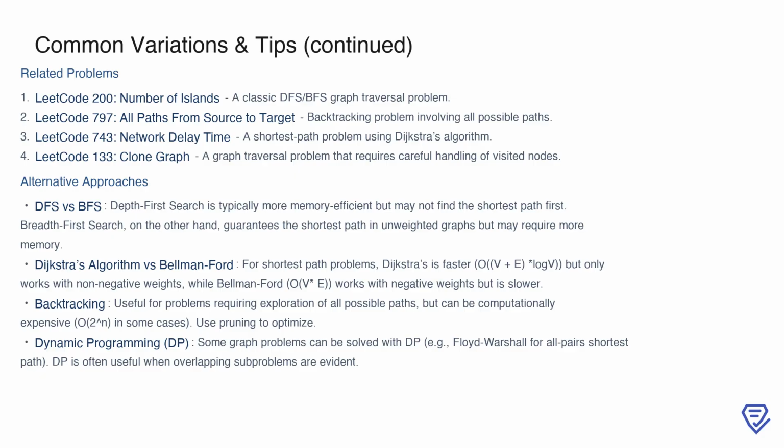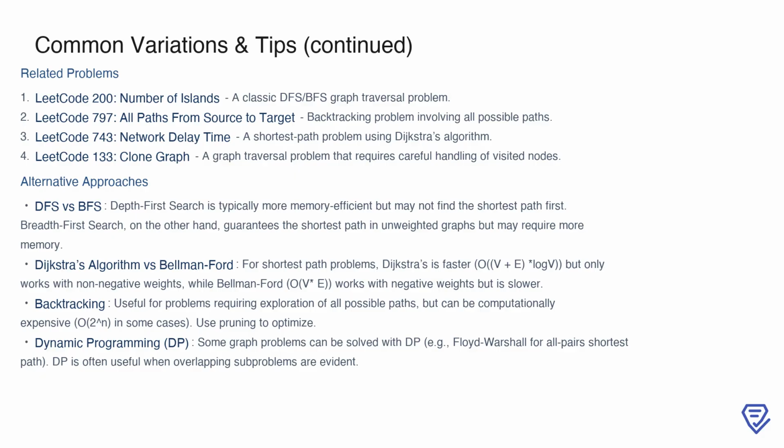LeetCode 797, All Paths From Source to Target, involves backtracking to explore all possible paths. LeetCode 743, Network Delay Time, is a shortest path problem where Dijkstra's algorithm can be applied. And LeetCode 133, Clone Graph, requires careful handling of visited nodes during graph traversal.